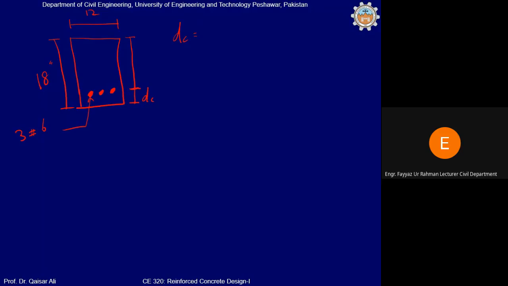DC किसके बराबर होगा? 1.5 inch, which is the clear cover, plus dia of stirrup. Normally it is 3/8, and plus half dia of the longitudinal bar, so half into 3/4.